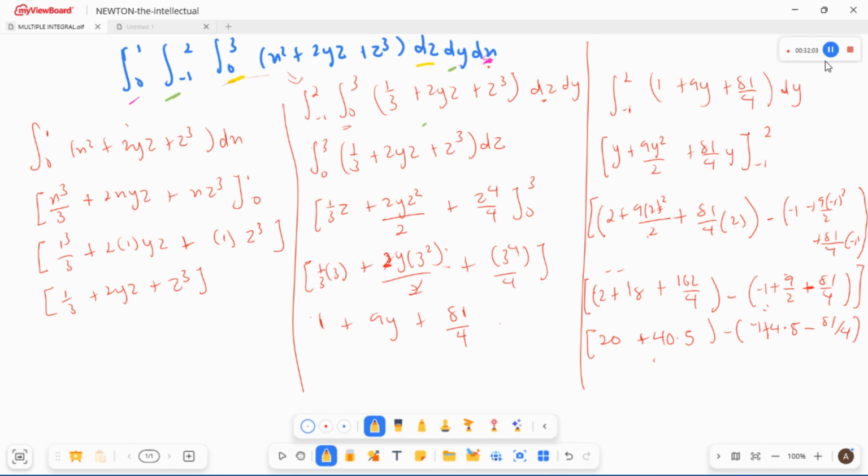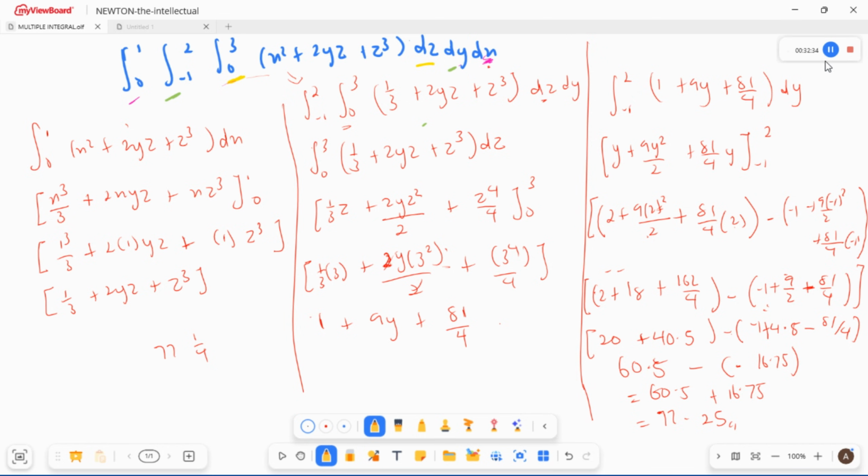So everything here equates to 60.5. Then we have a minus here, so we have minus 16.75. I'm just expressing it in decimal. So this is 60.5 plus 16.75, and then we have our final answer to be 77.25.